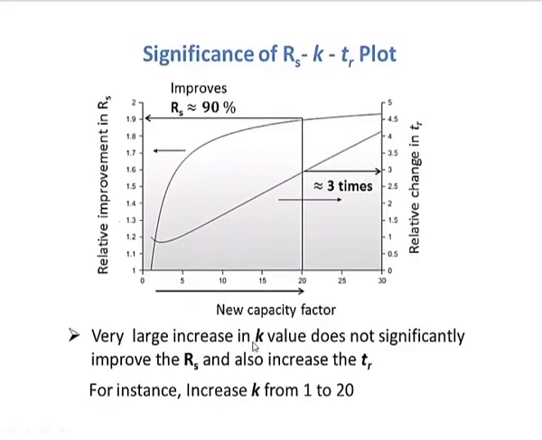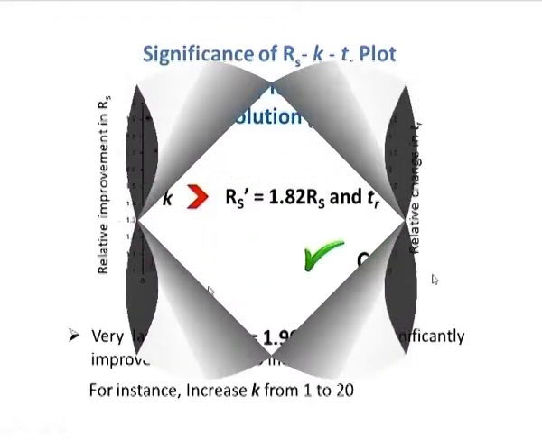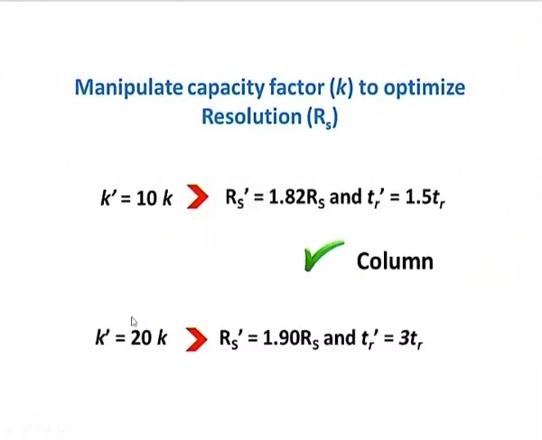So, we could make an observation that a very large increase in K value does not significantly improve Rs and also increases retention time significantly. So, then what do we do? This is what we have just seen in that graph. We have these two manipulations which we did.